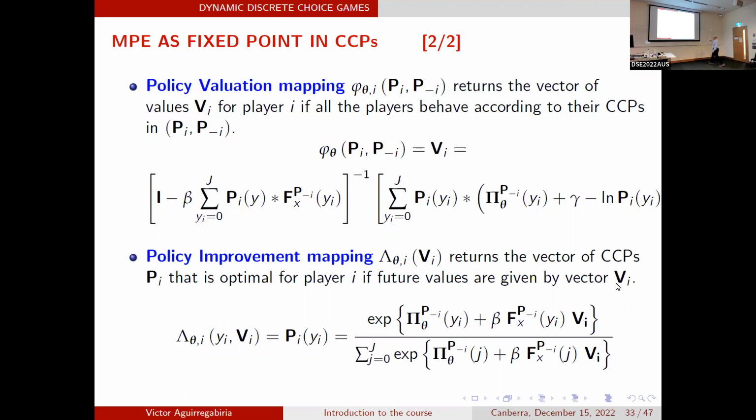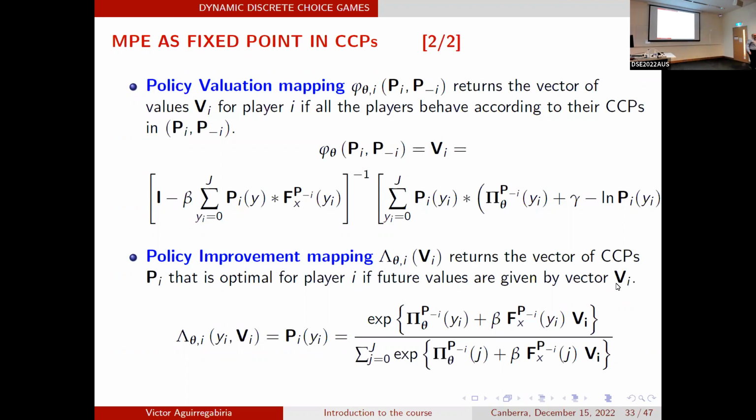Then the policy improvement mapping is basically almost the same as before. I take the vector of values as given. This is the vector of values of visiting each possible state in the future. And then I take into account that the transition probabilities of the state variables depend on the choice probabilities of my opponent, and my expected profits today also depend on the choice probabilities of my opponent.